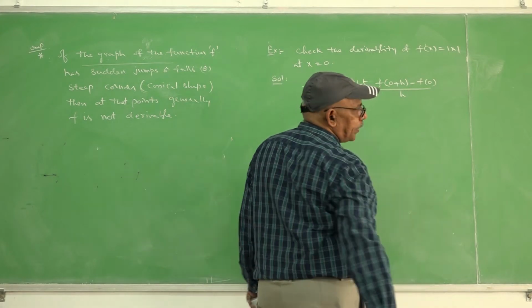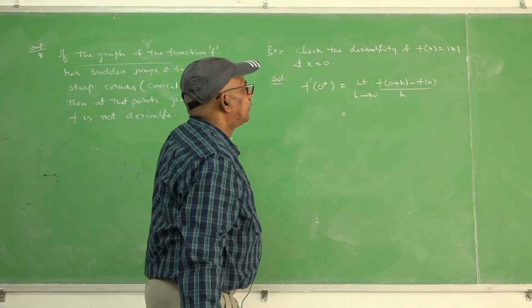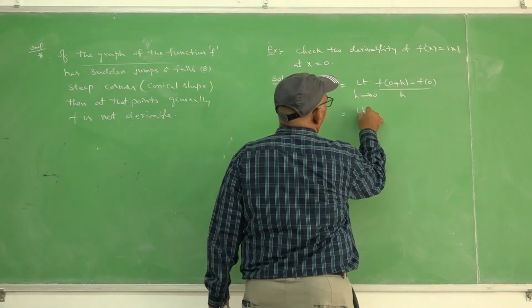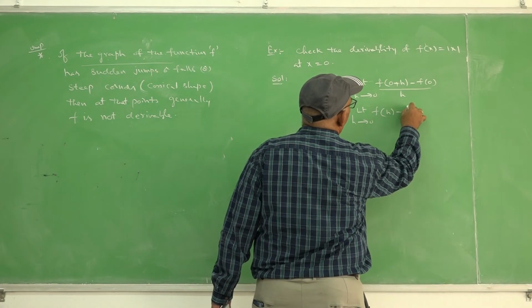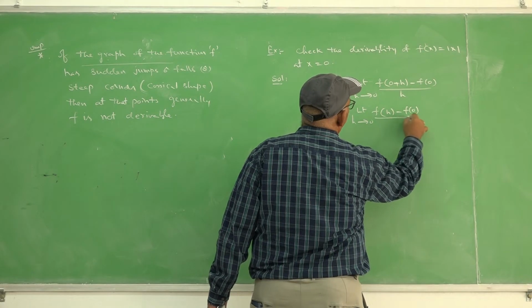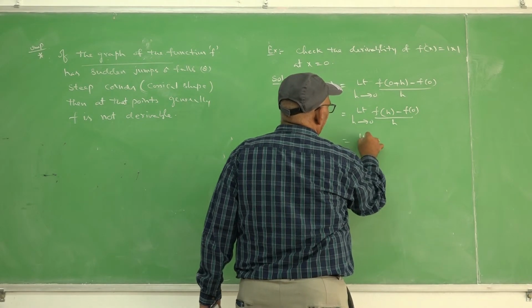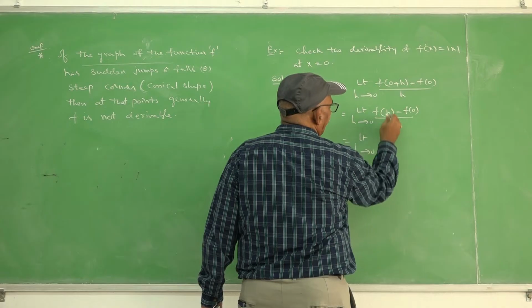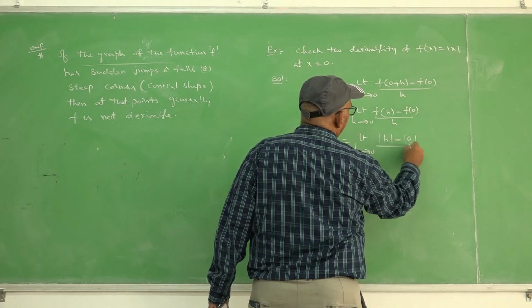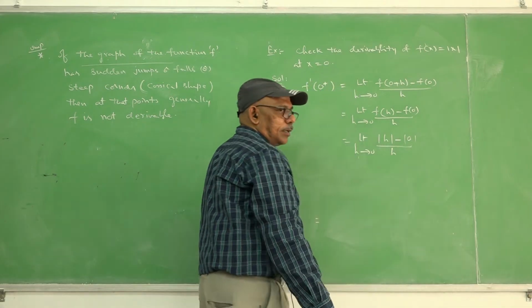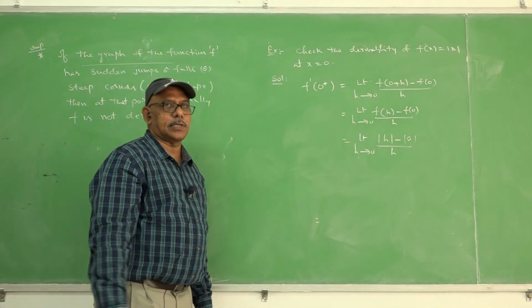This is the right derivative of the function. So, this is limit as h goes to 0, f of h minus f of 0 by h. Limit h goes to 0, f of h is mod h, f of 0 is mod 0, by h. Here h is always considered as positive.